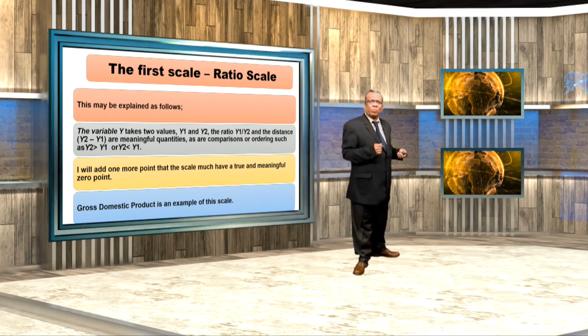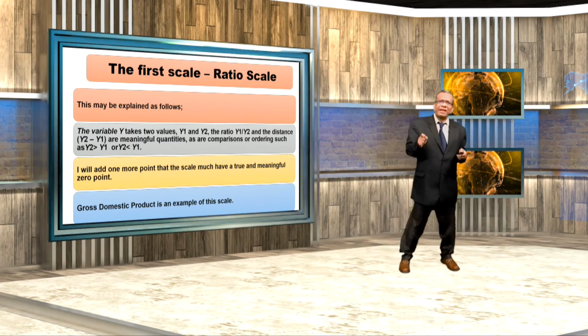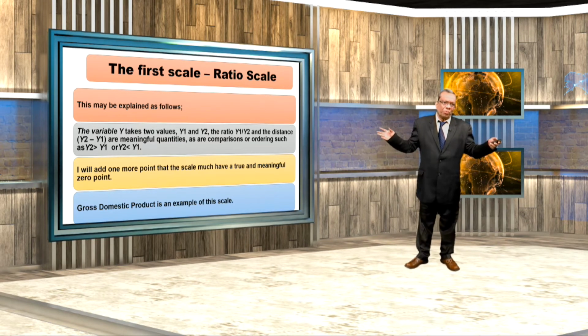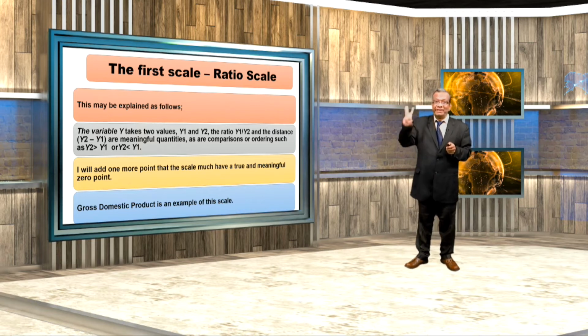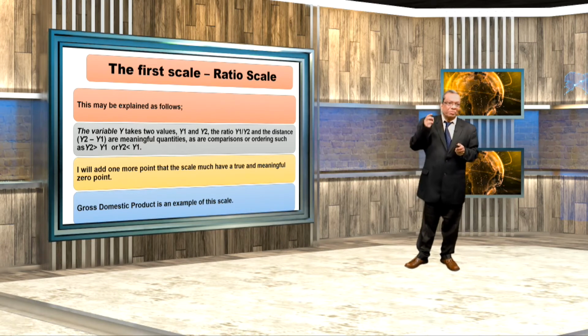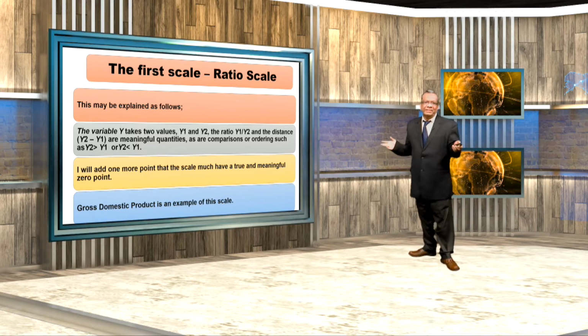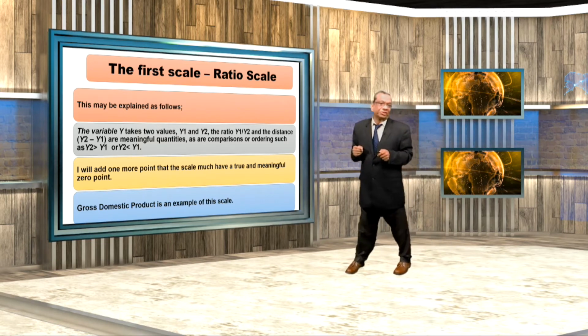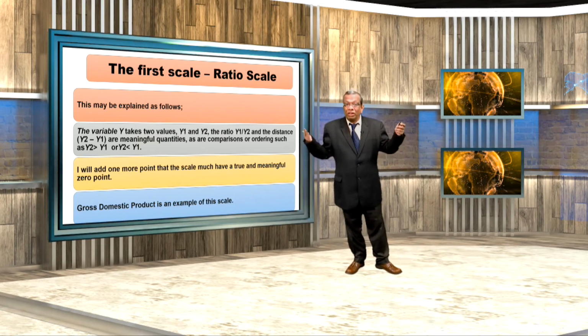I will add one more point, that the scale must have a true and meaningful 0 point. Therefore, ratio scale satisfies the three conditions. One of the best examples for that is the GDP, gross domestic product, which satisfies all the three conditions.